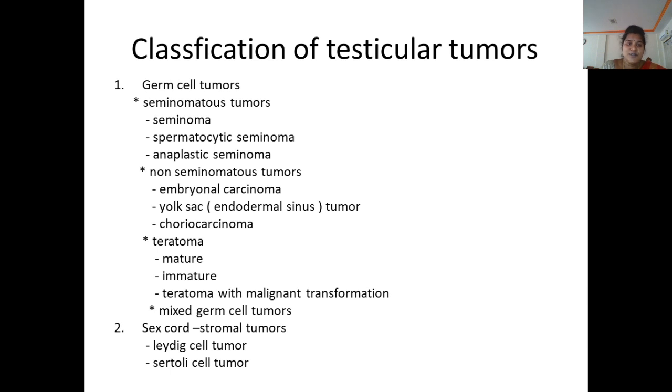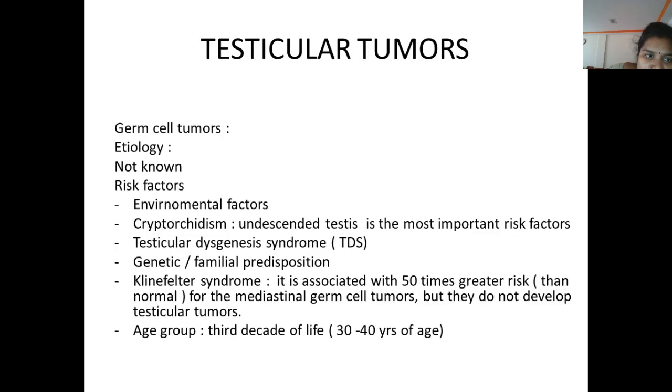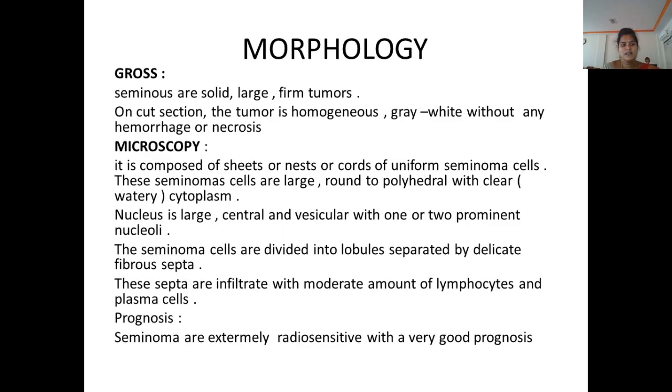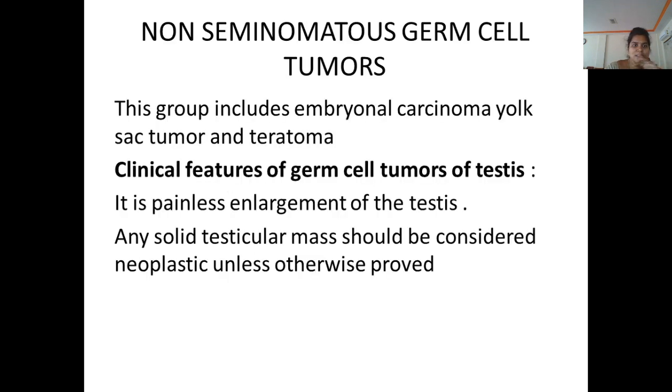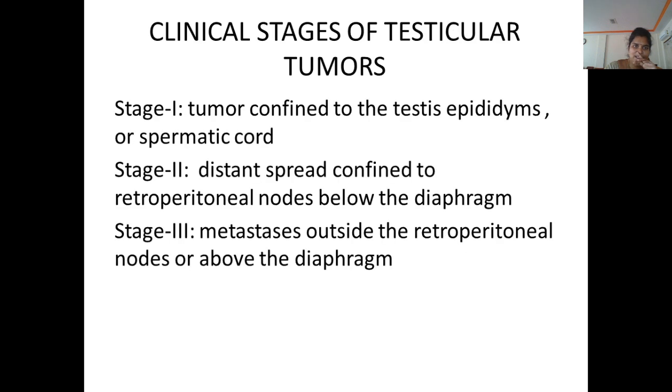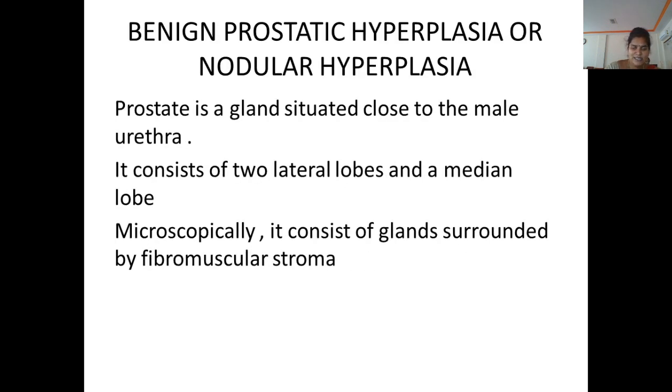And testicular tumors, that is germ cell tumors. Mostly germ cell tumors include seminomas, non-seminomas and teratomas. We saw how they look, gray and white without any hemorrhage or necrosis.